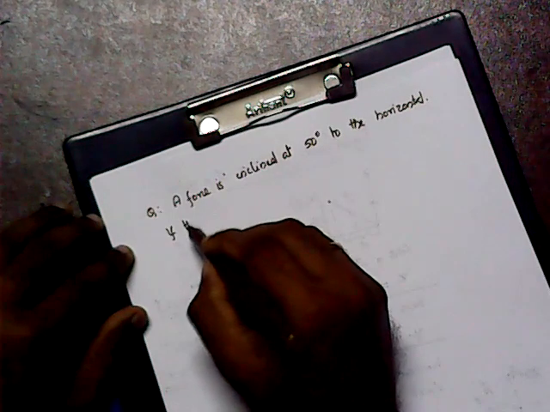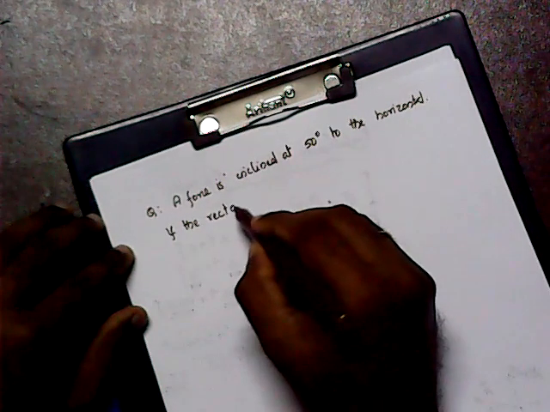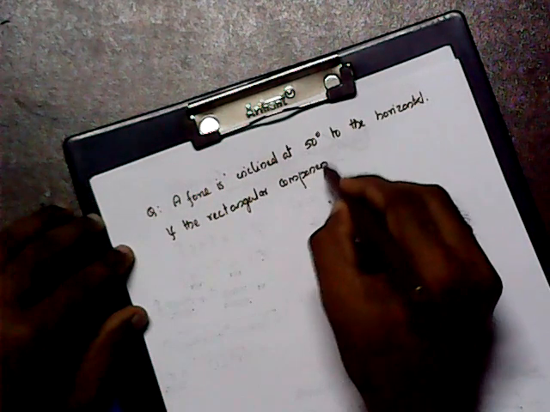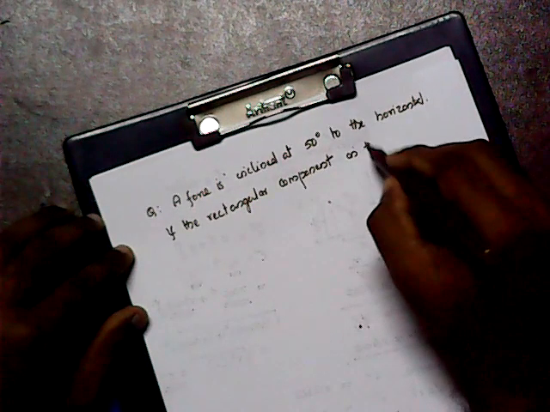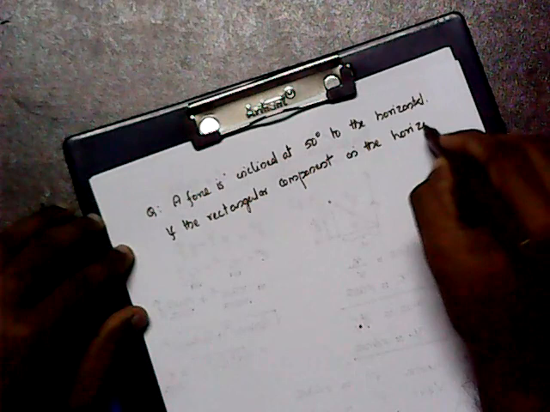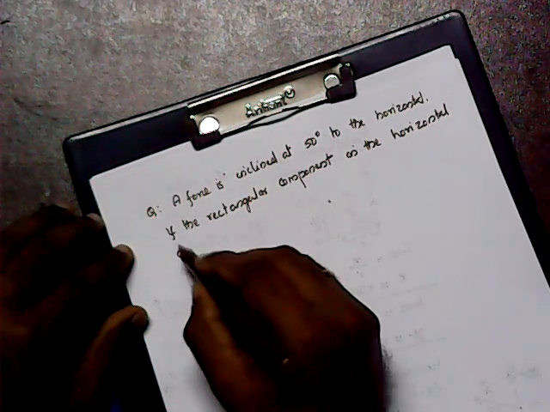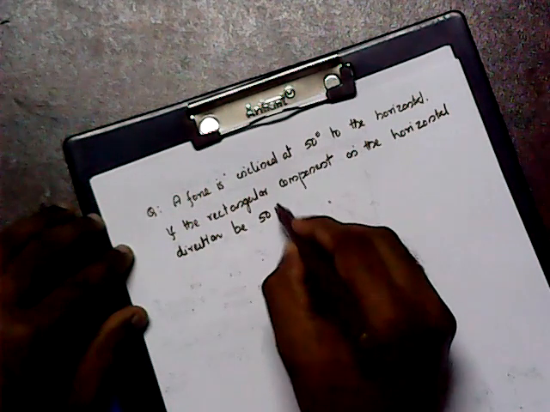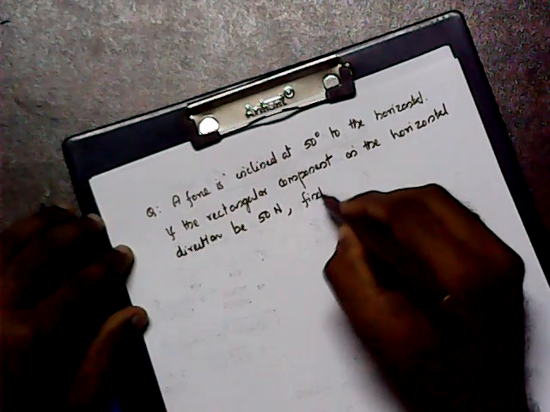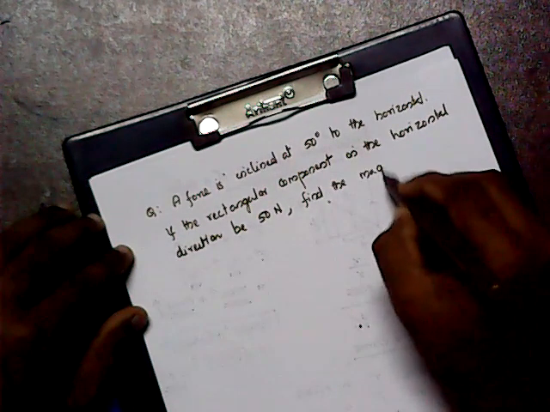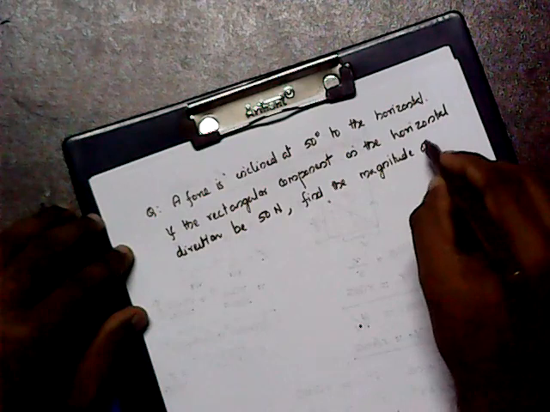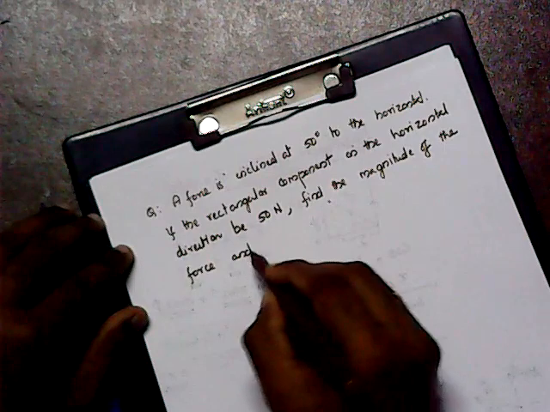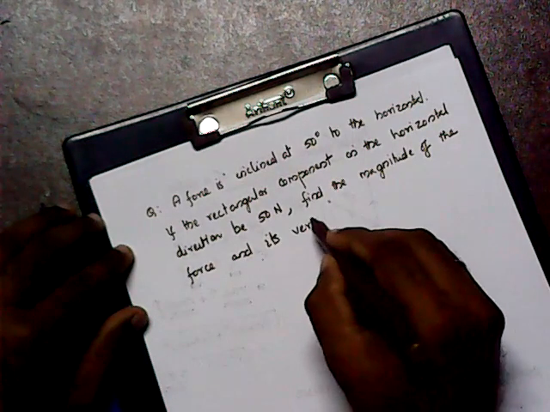If the rectangular component in the horizontal direction is 50 Newton, find the magnitude of the force and its vertical component.